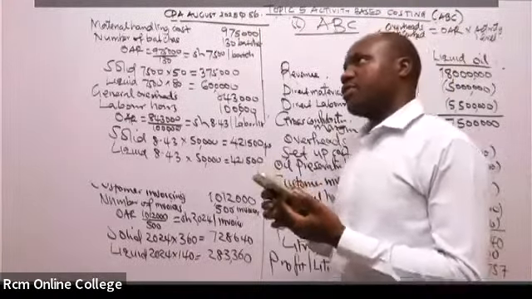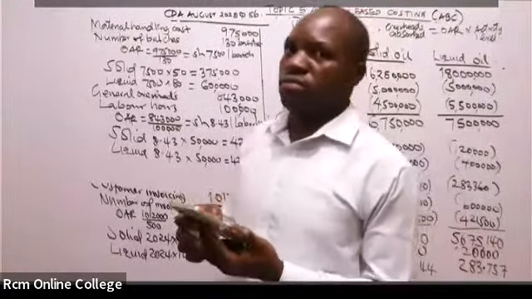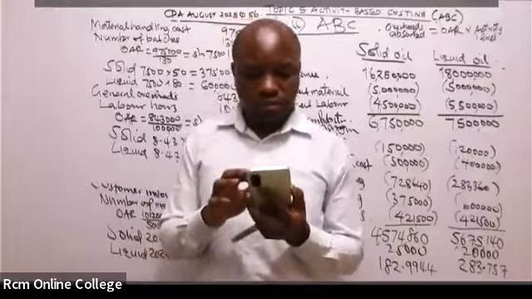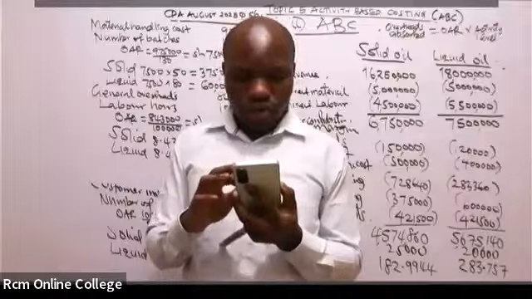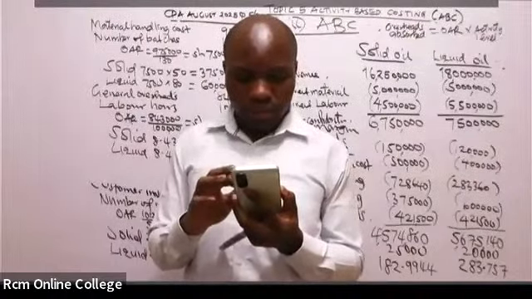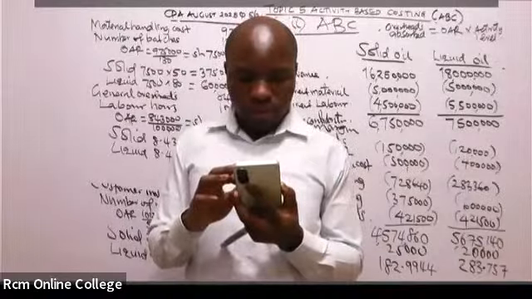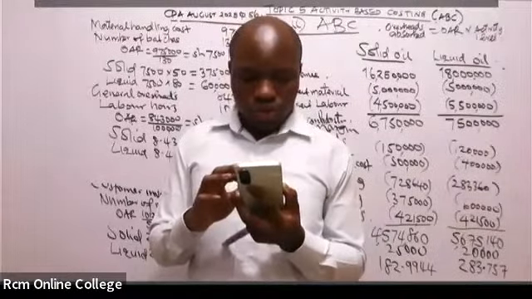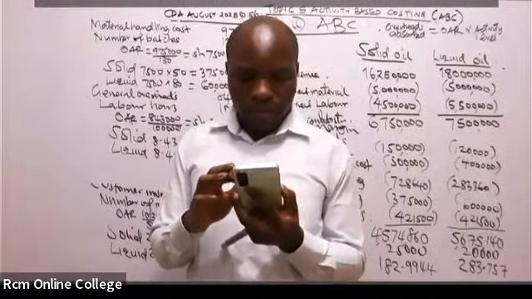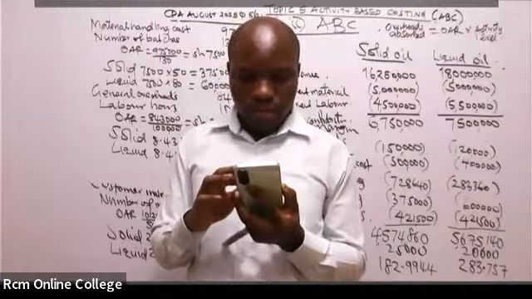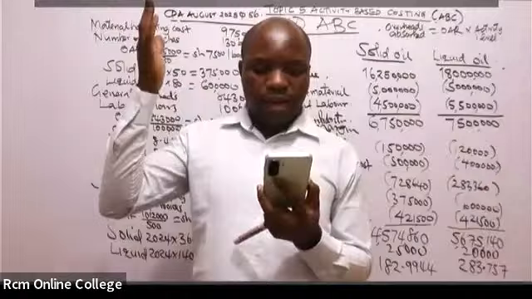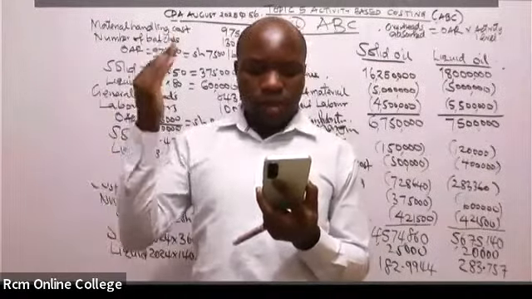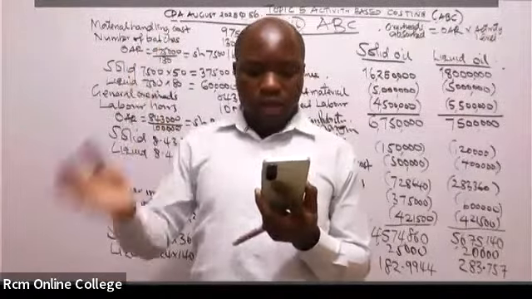Is it 2022 December? 2022 December, are they referring to products? So the one I was telling you that you are required to give us unit level activities, batch level activities, product level activities.